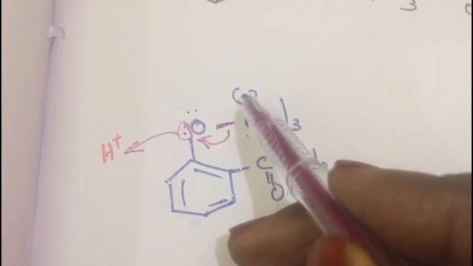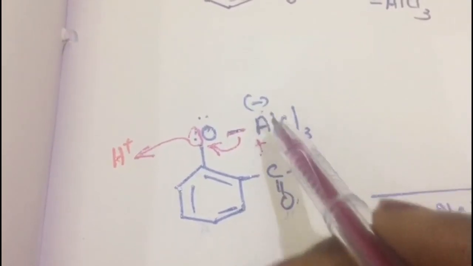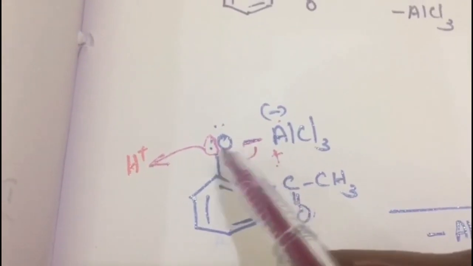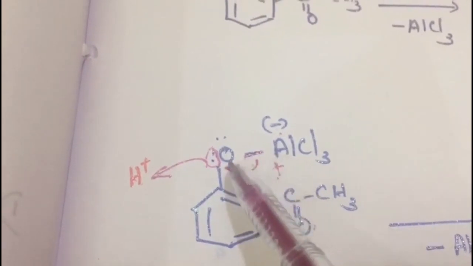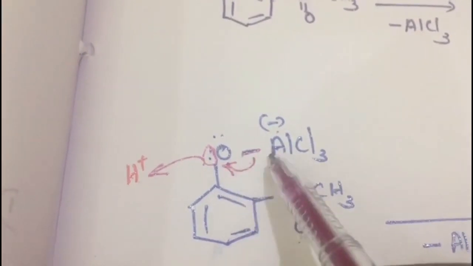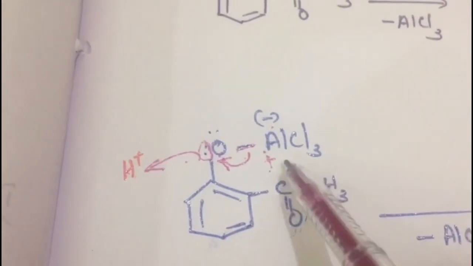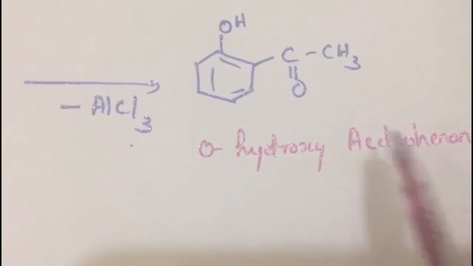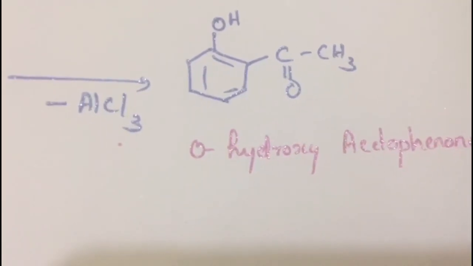This plus and minus form AlCl3. So this oxygen atom will be neutral. When this bond is broken, this oxygen atom acquires electrons from this bond and becomes neutral. So it will be OH, COCH3, and another product is AlCl3. So our product becomes ortho hydroxy acetophenone.